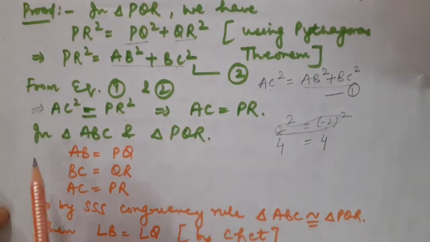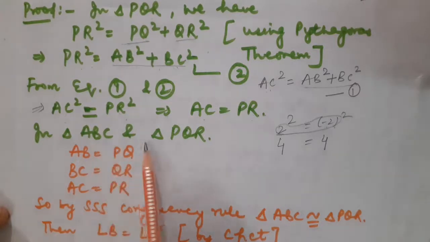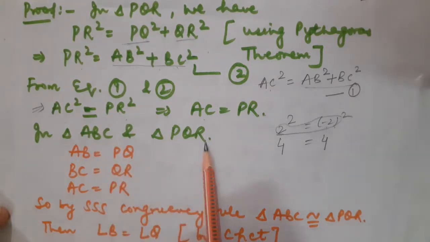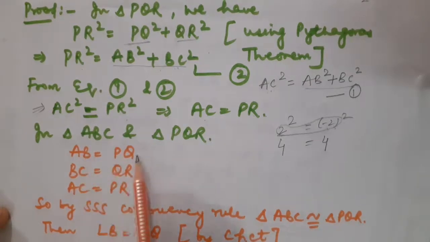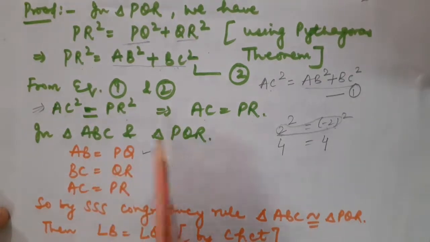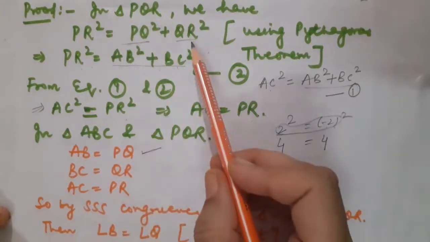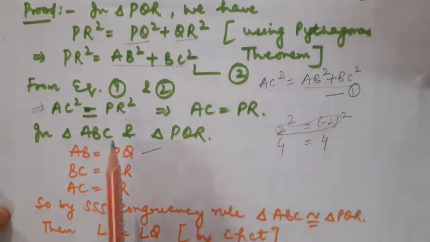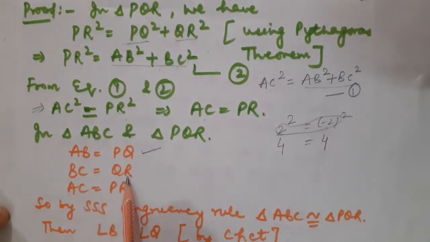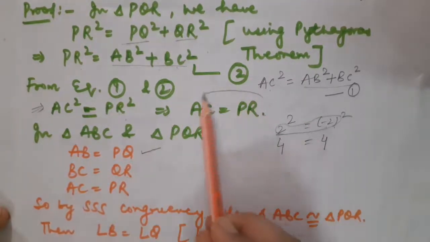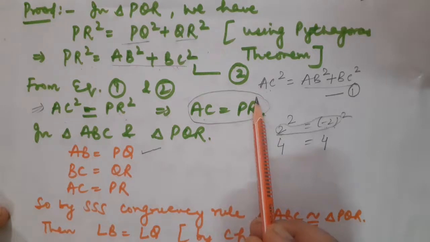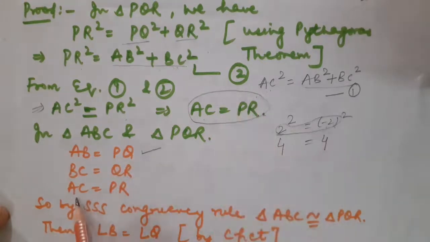Now in triangle ABC as well as in triangle PQR, what was taken in construction? AB must be equal to PQ. This was taken in construction. See, at place of PQ I placed AB, and QR is equal to BC. And we have just proved from equation number 1 as well as from equation number 2 that AC is equal to PR.